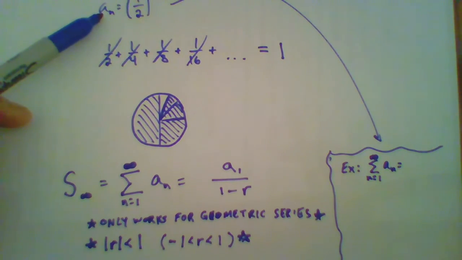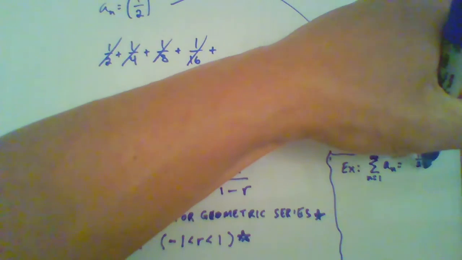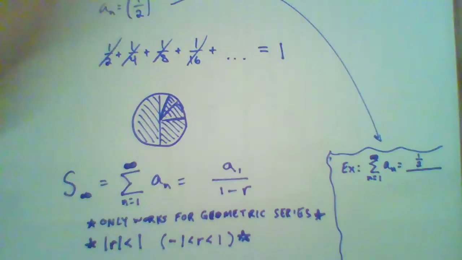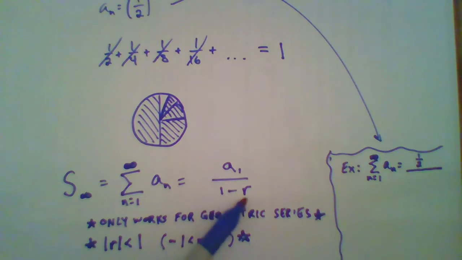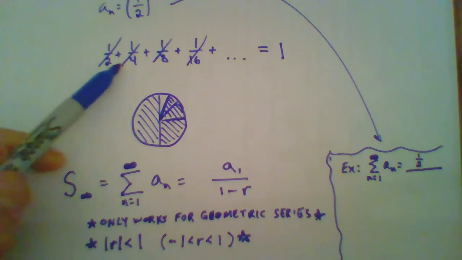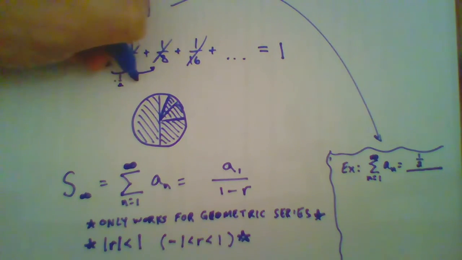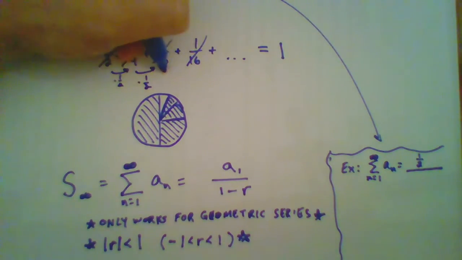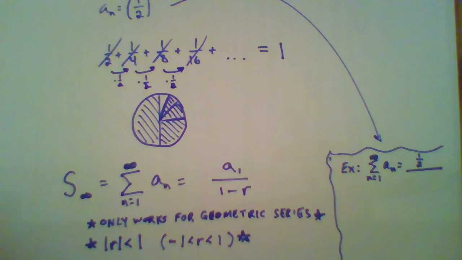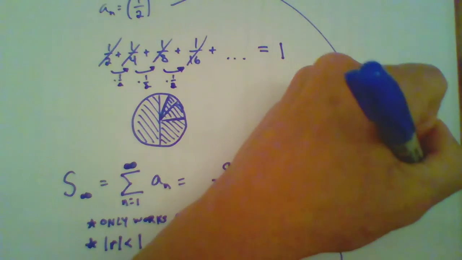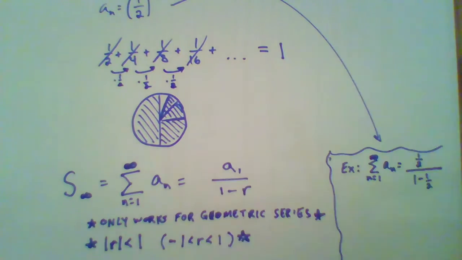If n is equal to 1, the first term here is just 1/2, divided by 1 minus the common ratio. The common ratio for these terms is 1/2, right? Because to get from one term to the next, we have to multiply by 1/2. So in the denominator, we have 1 minus 1/2.